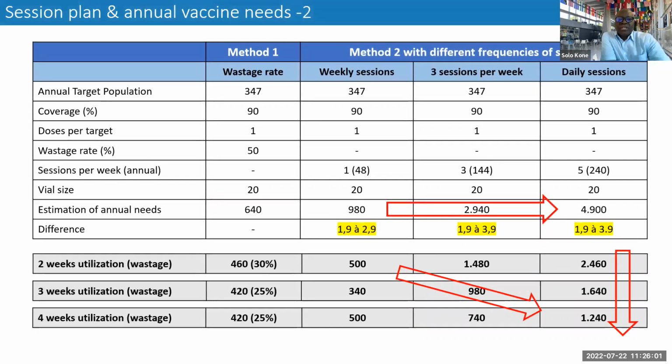So the previous slide was just for the vaccine where you don't reuse the open vial, you discard at the end of the session. This slide is showing the same example, but at the bottom you see that we have different durations of reutilization of an open vial. Let's say the WHO standard is saying up to 4 weeks under the specified conditions, that is at the bottom.